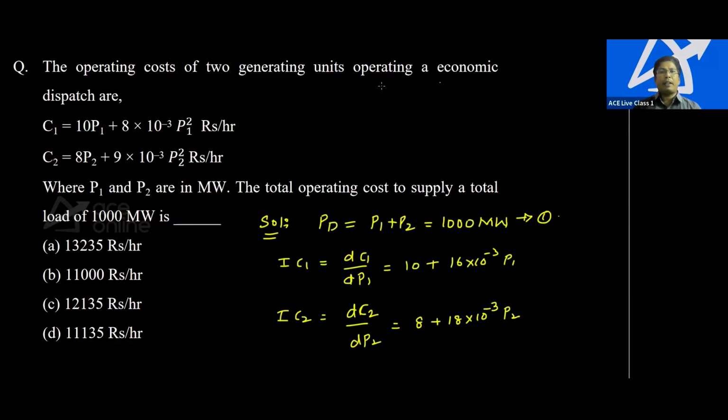For economic operation, the incremental fuel cost of plant 1 must be equivalent to the incremental fuel cost of plant 2.